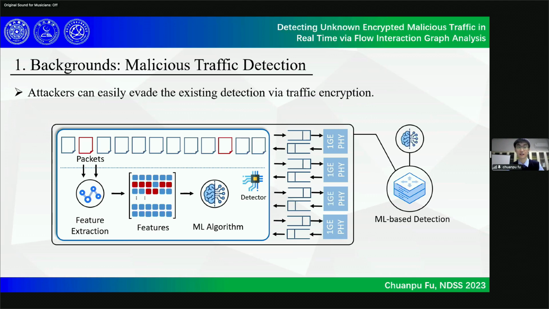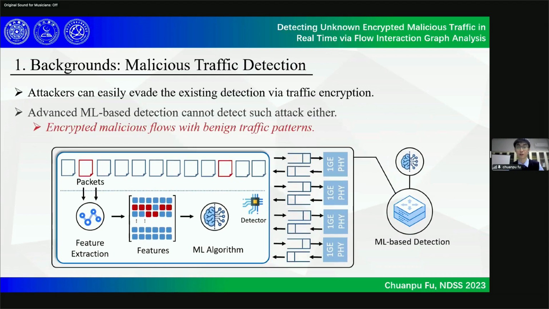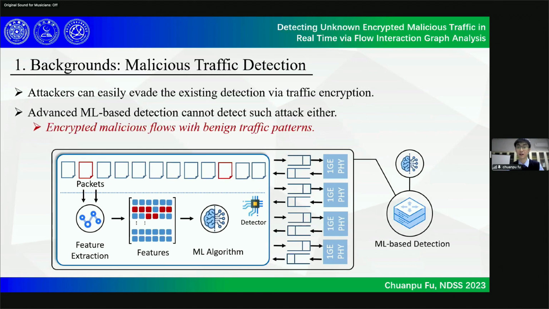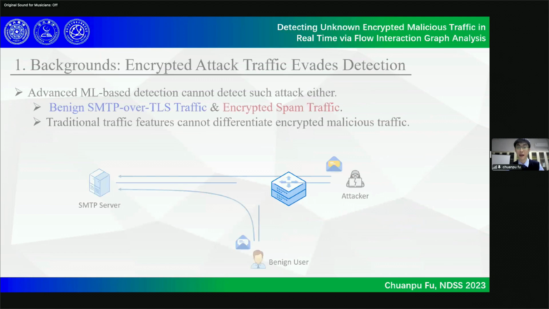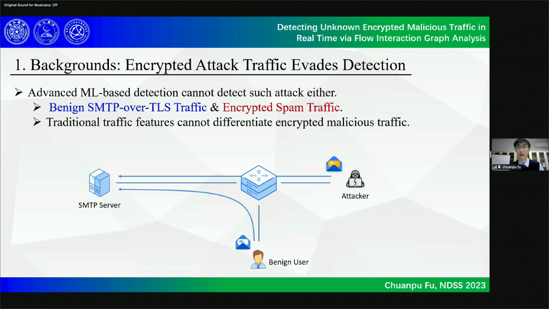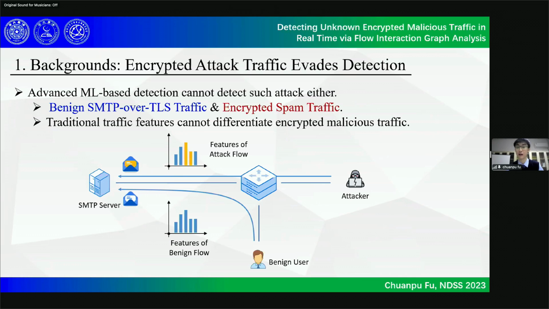But why? Because the features of encrypted malicious traffic are similar to those of benign traffic. Here is an example. The patterns of benign mail traffic and malicious spam mail traffic are very similar. Spam flows may deliver arbitrary sizes and types of contents to mimic benign users.